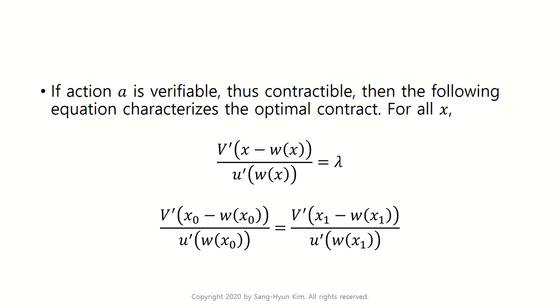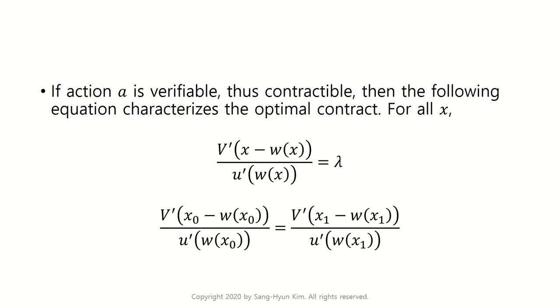So maximizing the social surplus is the way to maximize the expected utility of the principal, because the agent will always get the same amount, exactly as much as the reservation utility, u underbar. That's what the binding IR constraint means.